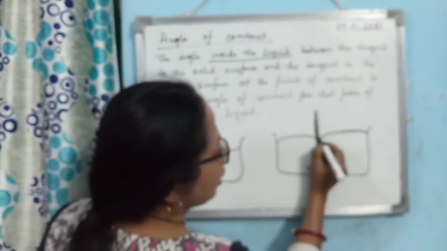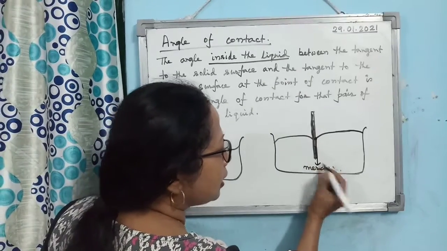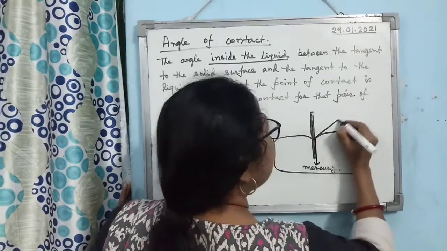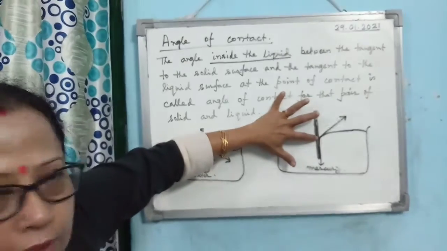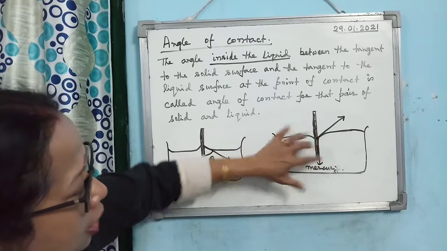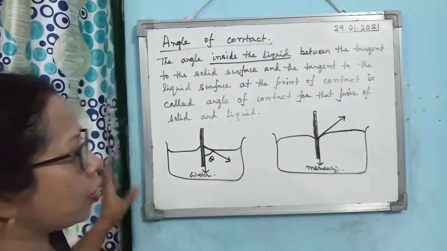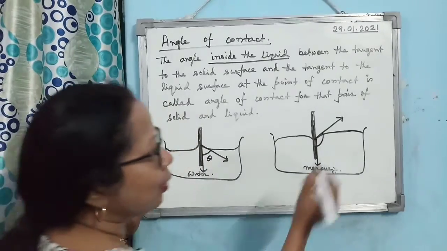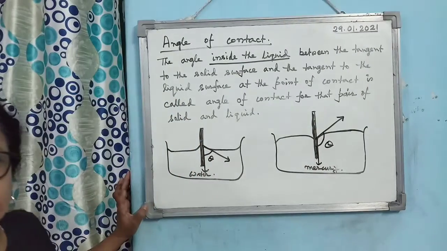So, according to the definition of angle of contact, at the point of contact, you draw a tangent to the solid surface and a tangent to the liquid surface. This is the point of contact; the angle between these two tangents is the angle of contact. Alright.